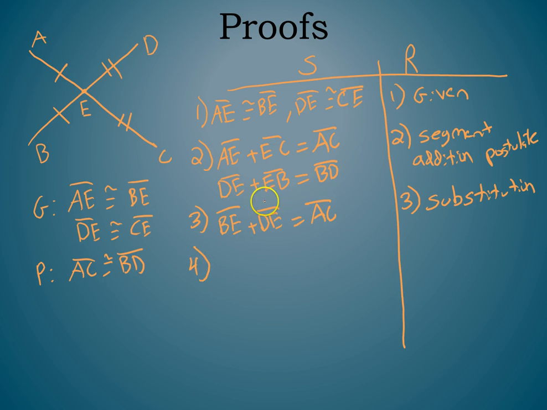And then finally, if we take a look at this last piece of statement 2 and this piece in statement 3, DE, DE, BE, BE, I'm adding the same two pieces together, so the left-hand sides are both the same. If the lefts are the same, the rights must be the same. So AC is congruent to BD. That is also our substitution property, which we can abbreviate as just sub. There's our first proof.